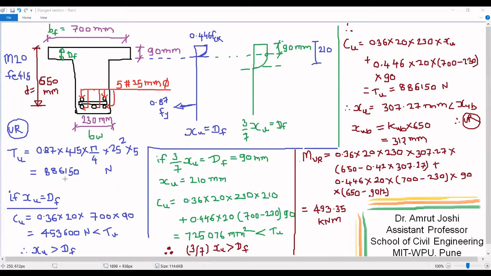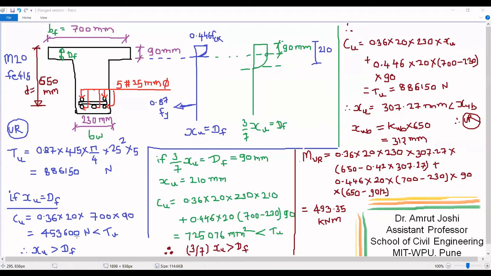For equilibrium, we want Tu equal to Cu. Therefore, in order to have Cu greater than this value, which is equal to Tu, we must have the neutral axis within the web. And therefore, the conclusion from this is Xu is greater than Df. Had this value been greater than Tu, then that means we require a neutral axis at a lesser value than Df.